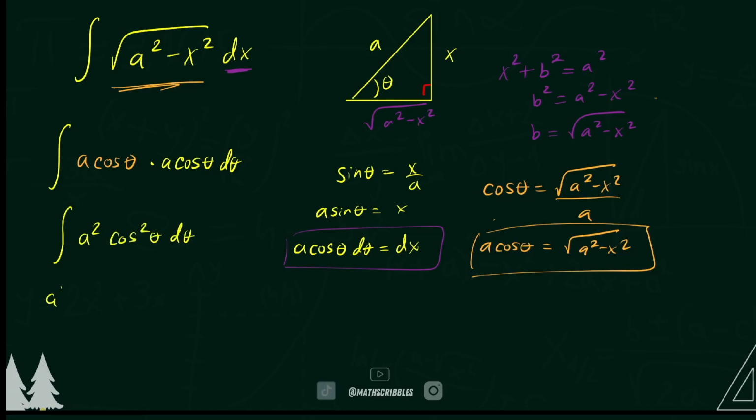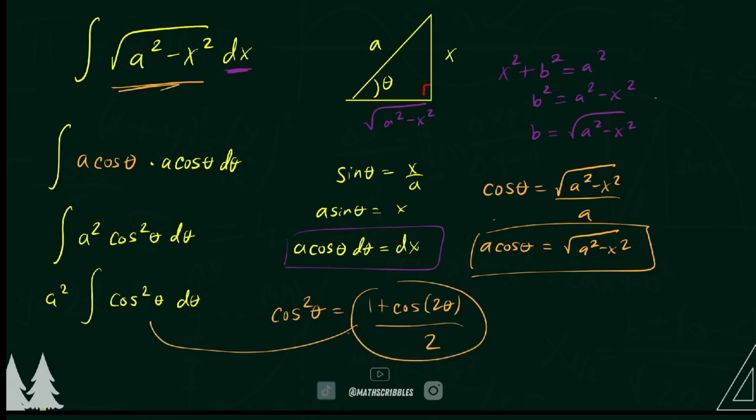We can move the a squared to the outside, so we are left with a simple integral of cosine squared theta d theta. As I mentioned, I'm not going to solve this, but what you can use here is a property for the double angle formula. You can substitute this value in, and then integrate using u-substitution. I think that will be a great exercise for you.